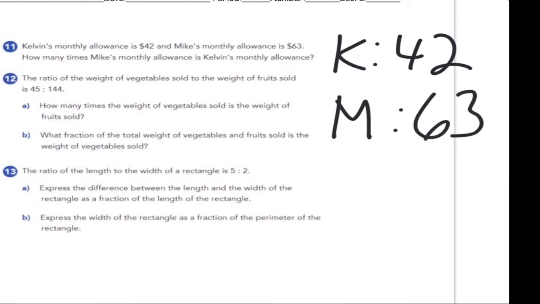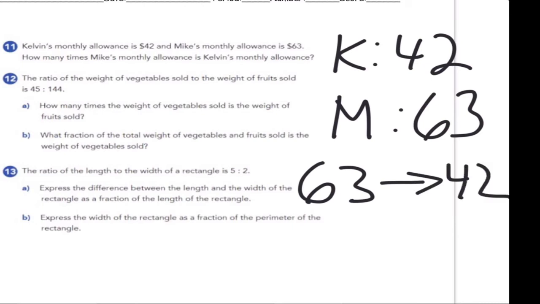And it says how many times Mike's allowance is Kelvin's allowance. So if Mike is 63 and Kelvin's going to be 42, I say, okay, how many more times is Mike's to get to Kelvin? So we want to get from 63 to 42.